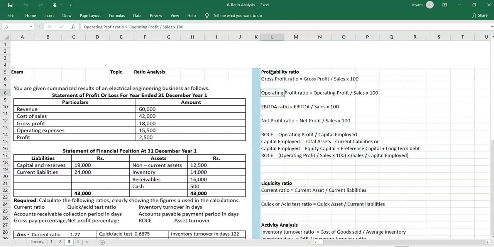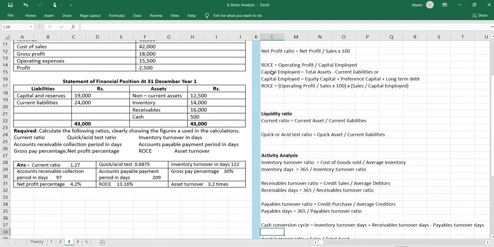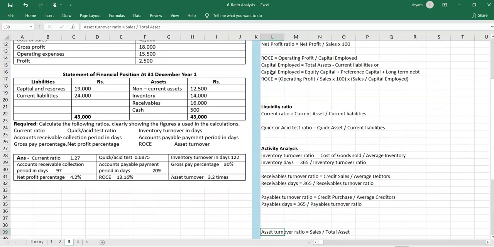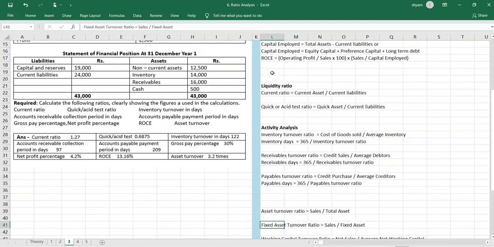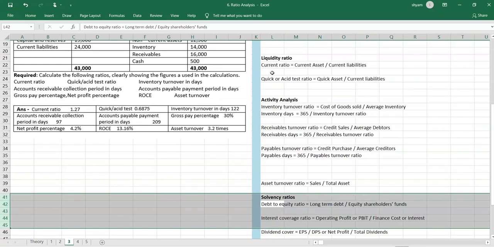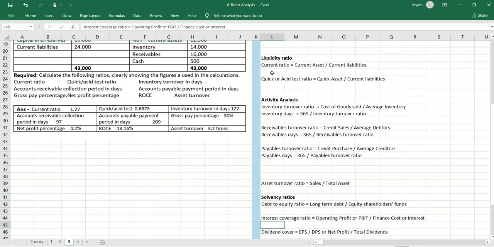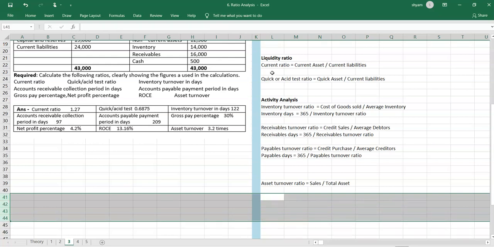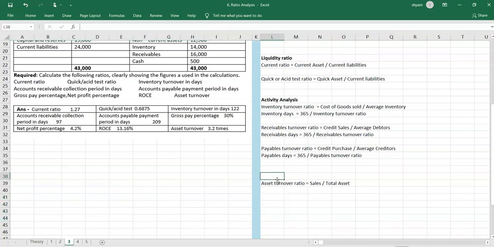Okay, so let's see what are the ratios that we don't have. So these are the ratios that we have to compute.